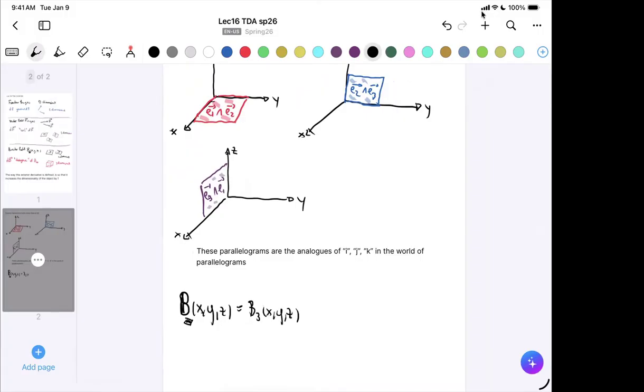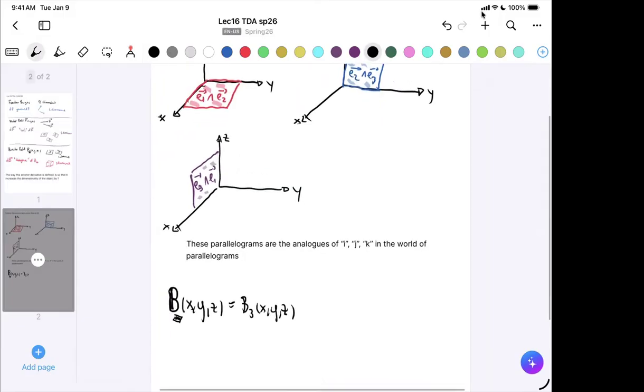Just so that it looks closer to what the formula for the divergence is.